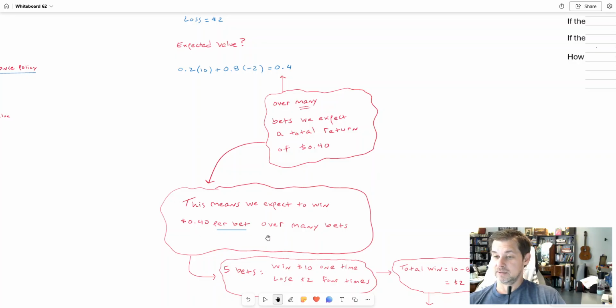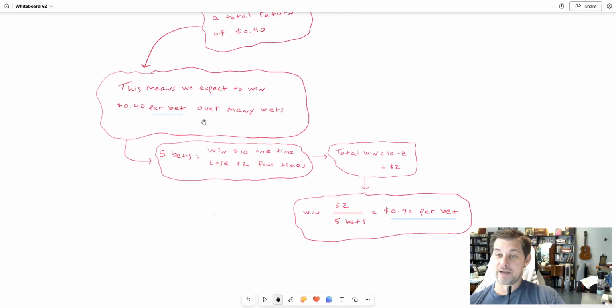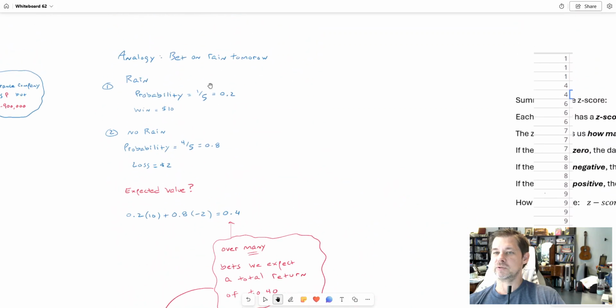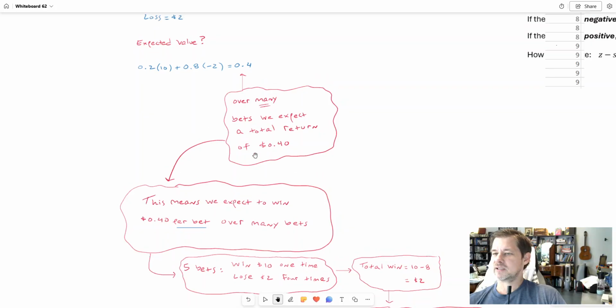So to see how it actually happens, let's assume that these probabilities really hold true. So 1 out of 5 days it'll rain, and 4 out of 5 days it won't. And I'll assume my wins and losses. Let's see if we can actually see that you'll get an average return of 40 cents per bet.